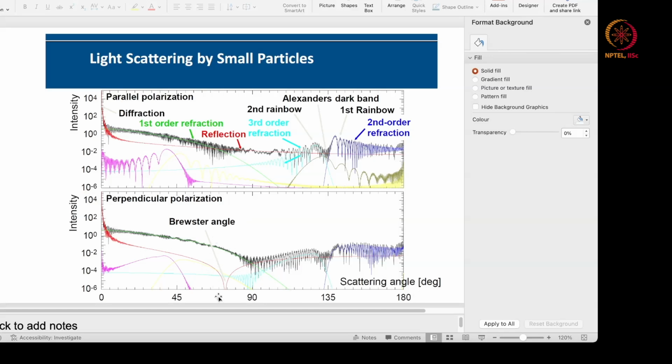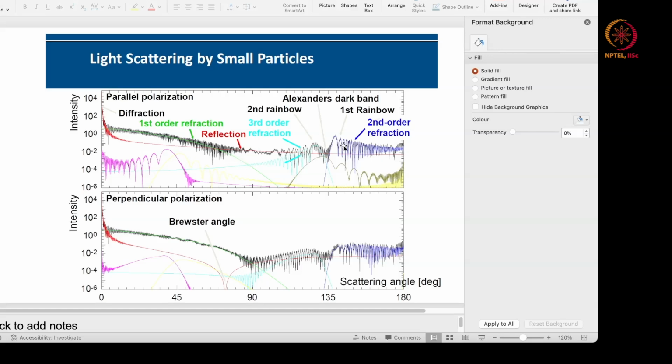So at different scattering angles, you get to see domination of different scattering modes. You should remember that all these lobes that you see over here happen because of the interference among the scattering modes.